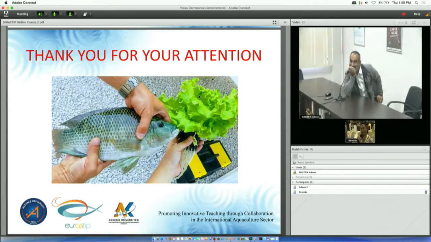Okay. My question is, have you ever compared between aquaponic and non-aquaponic system? Which one is cheaper? Thank you. Aquaponics system and which one? Non-aquaponic. Can you ask again, please? I missed the part.